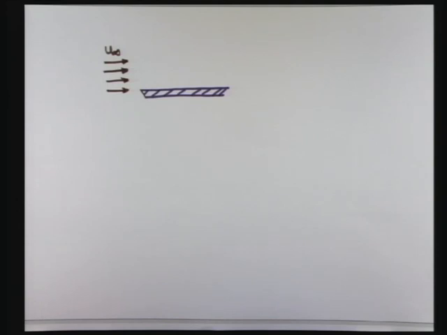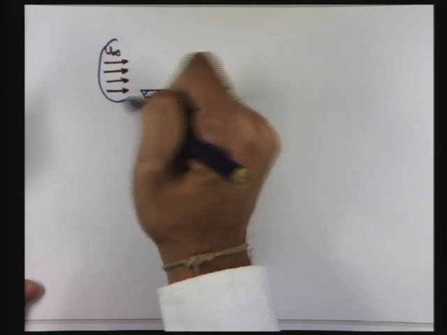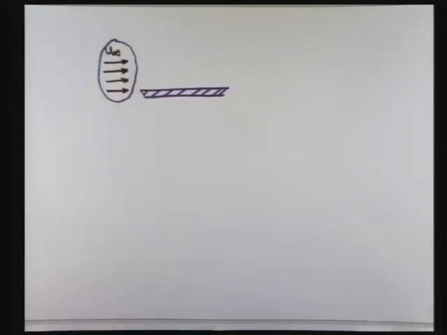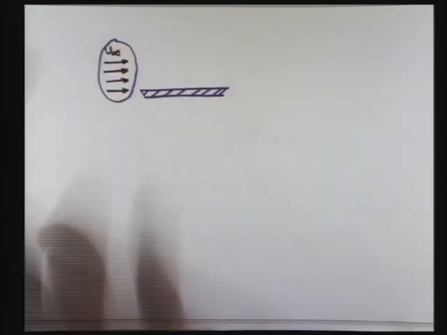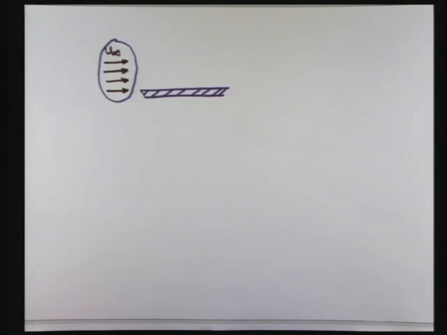Is this flow rotational or irrotational? This is irrotational. Curl of this velocity vector is a null vector.